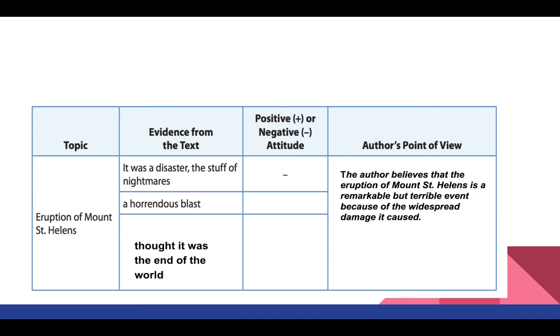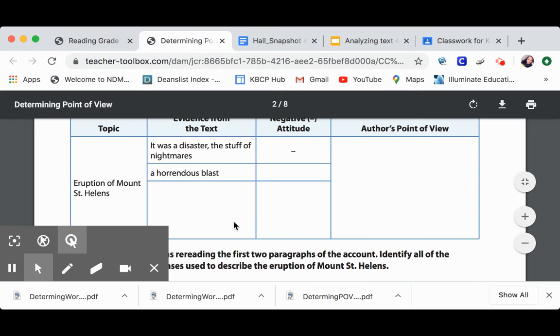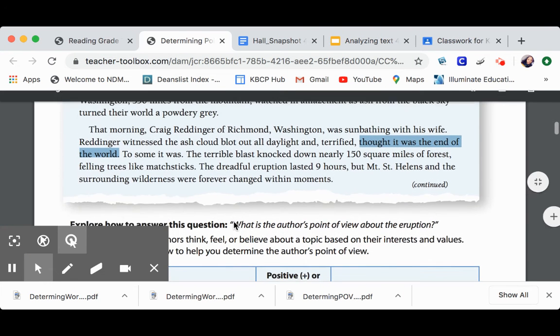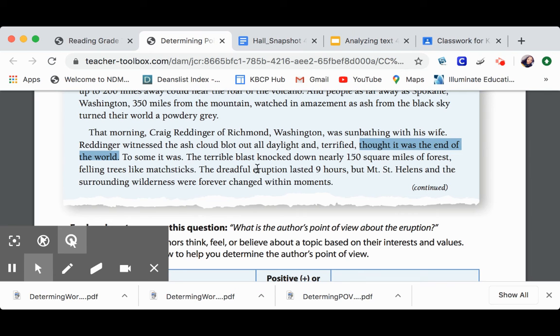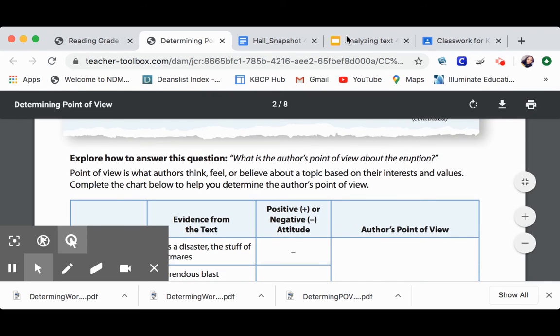Right? And the reason I say that is because when we look back at our text, it says that the dreadful eruption lasted 9 hours, but Mount St. Helens and the surrounding wilderness will forever change within moments, right?